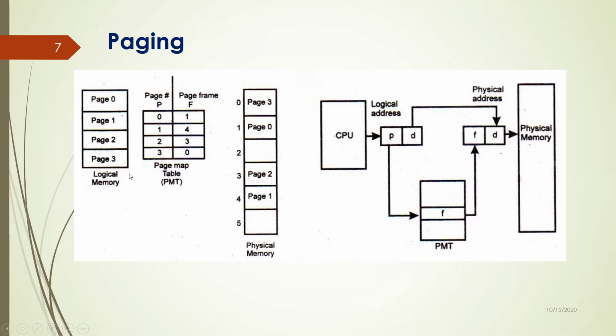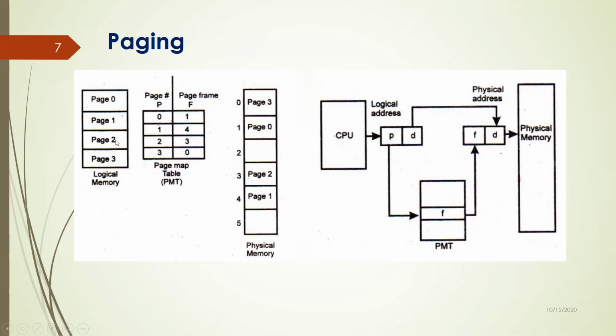This is what we think of logically, but physically it will be stored in this way, and these memories are mapped with the help of this PMT. This is the page number and the page frame number. Page numbers are 0, 1, 2, 3 and 1, 4, 3, 0 are the frame numbers. These are the numbers which are mapped between the physical and the logical memory.